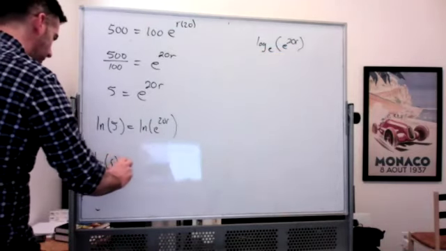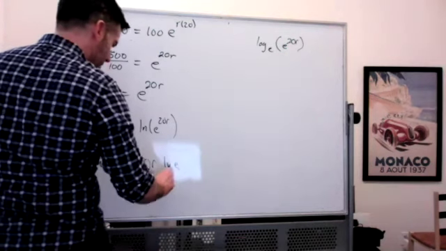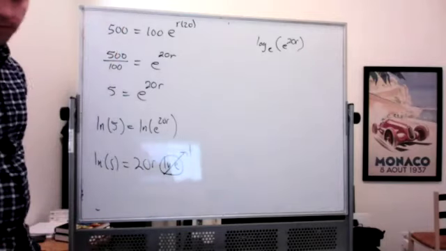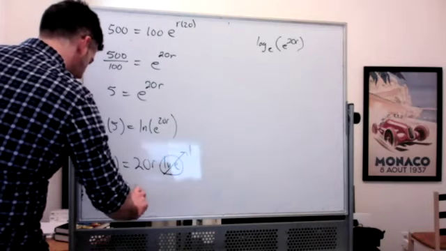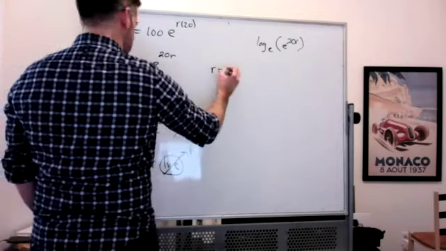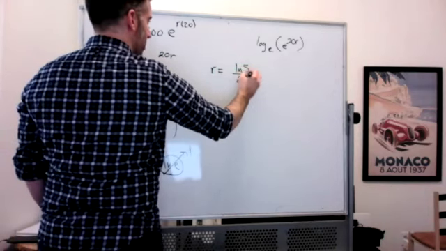Natural log of 5 equals 20r times natural log of e. But natural log of e, that's just equal to 1. So then solving for r, natural log of 5 equals 20r, divide both sides by 20, and we get that r is equal to natural log of 5 divided by 20.